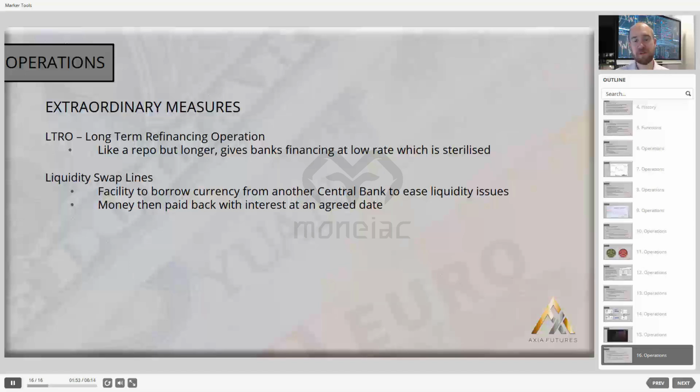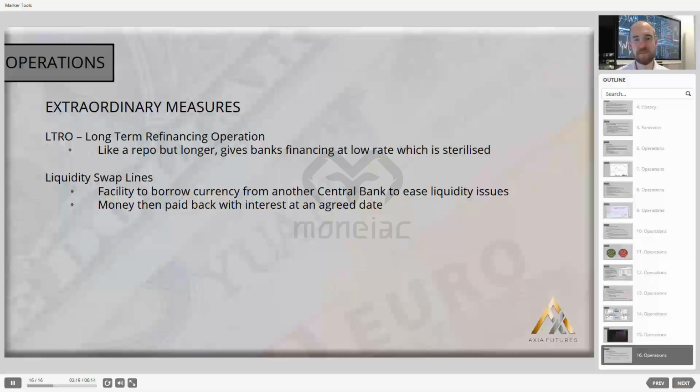The central bank, so the Bank of England, could borrow dollars from the Fed, obviously charged interest in the same way that a bank would be to borrow from the Fed. Charged interest. They then have this dollar liquidity that they can lend out to the commercial banks within their jurisdiction.